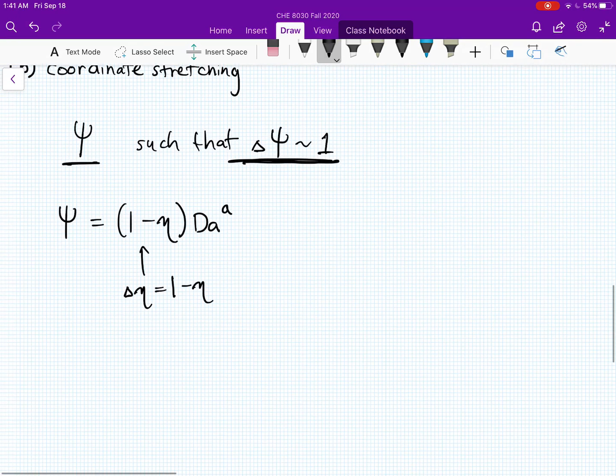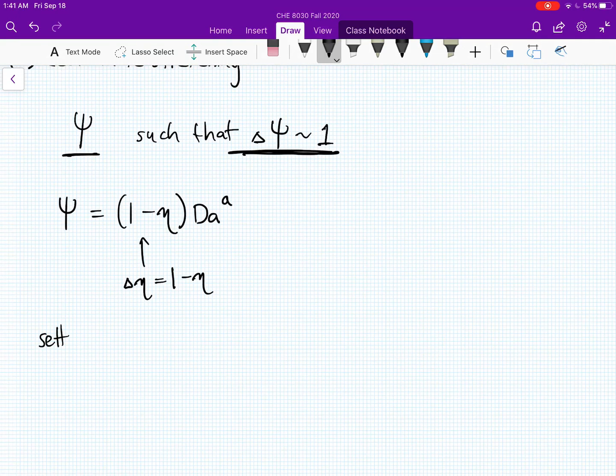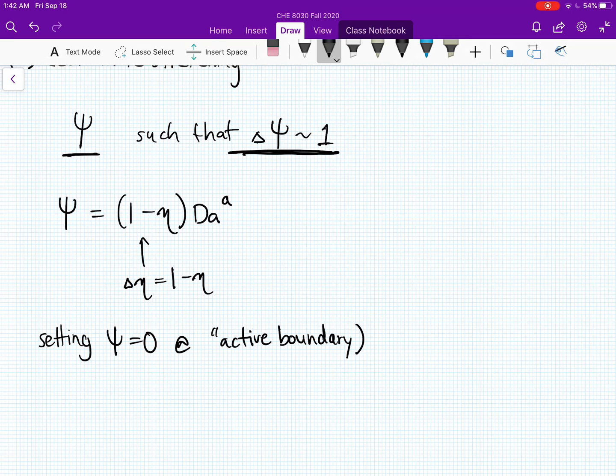An important thing here too, setting psi equal to 0 at what we're going to call the active boundary, the boundary next to that reaction zone, ensures that psi will be on the order of delta psi in our region of interest, i.e. our reaction zone.